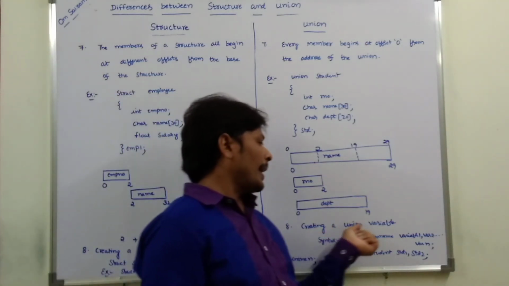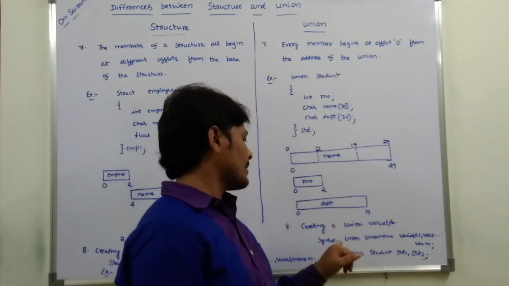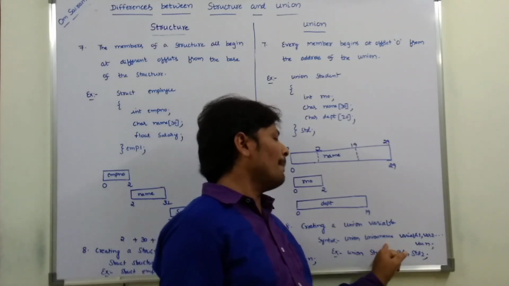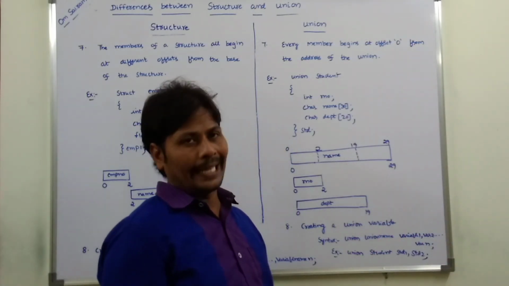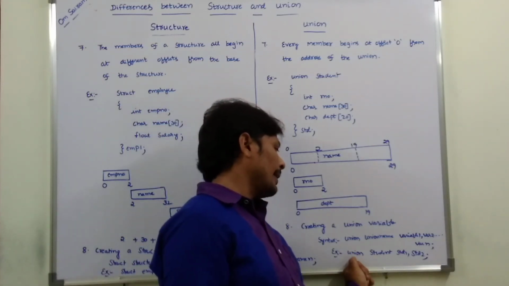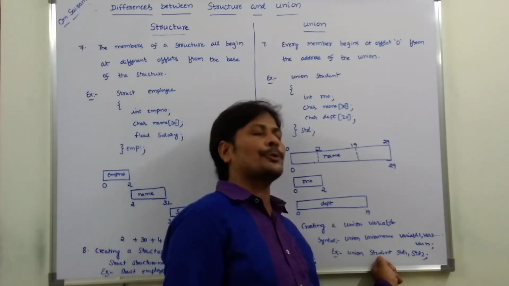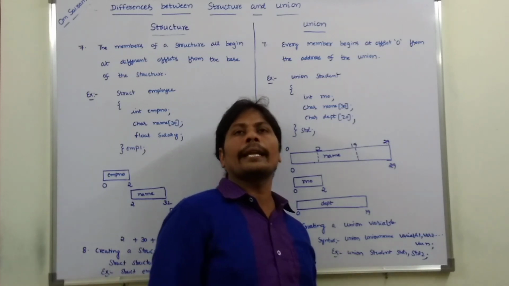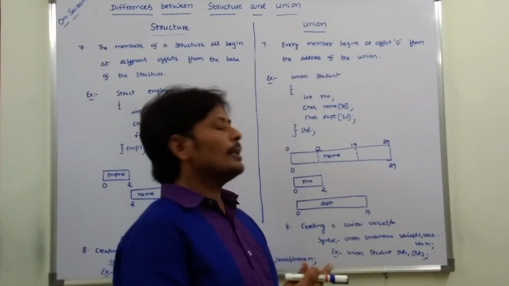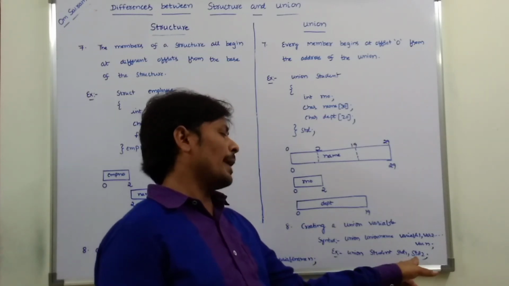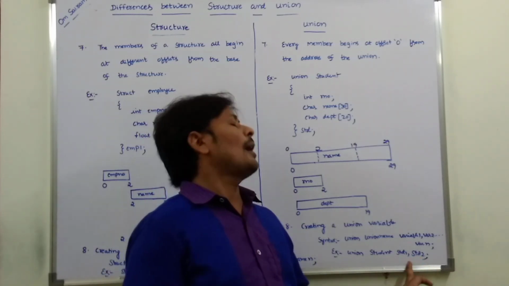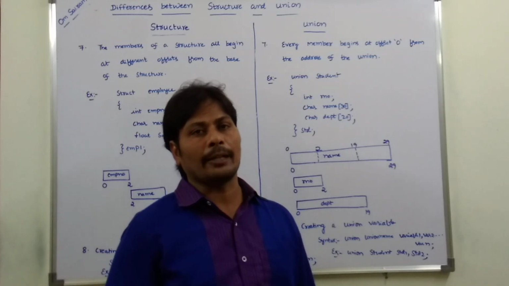Next, creating a union variable. The syntax is union, union name, variable name 1, variable name 2 up to variable name n. So here the example is union student. Here we are declaring two variables for the union, that is std1, std2. These two variables are separated by comma and the last ends with semicolon.